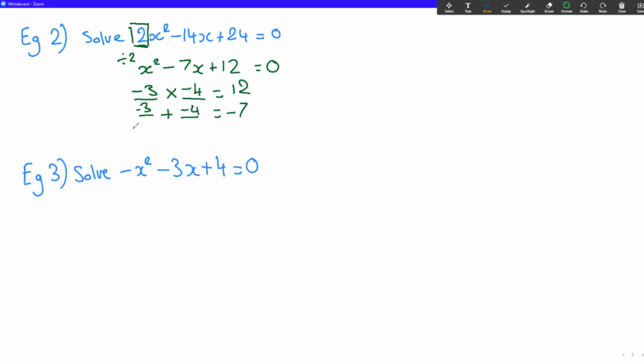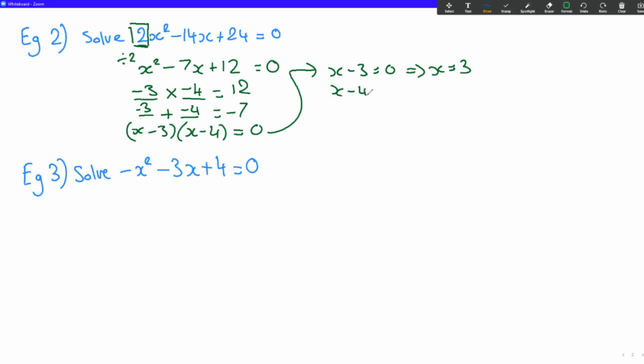So let's put those in our brackets. Let's not forget the 0. And we know that x minus 3 equals 0, for it to be equal to 0, because then this will go to 0. So we get x equals 3. And x minus 4 equals 0, so x equals 4. These are our two answers.